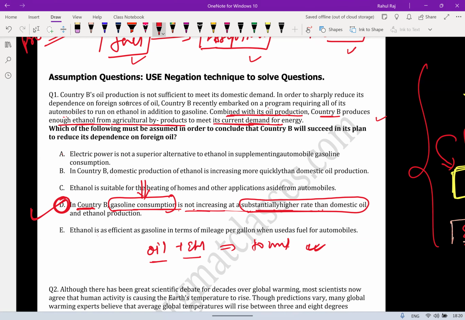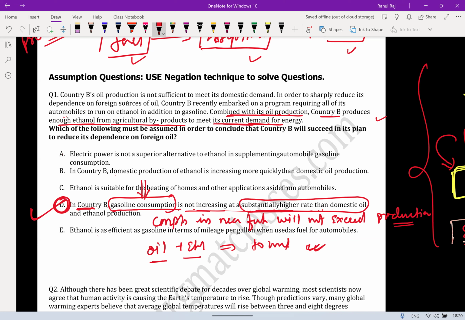This entire statement D is what? Consumption in near future will not exceed the production, right? Understood, Tara?